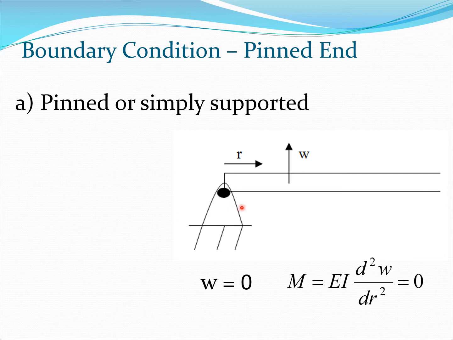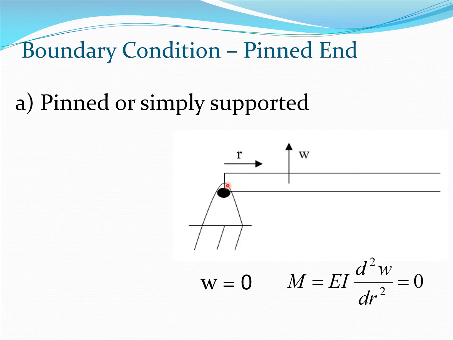So here I am looking at the pinned end. So essentially this end is pinned or simply supported. There is a pin here or a hinge. And this is known as a simply supported boundary condition or as a pinned boundary condition. Now straight away we can see from geometry that there is going to be no deflection at this point. So W is going to be 0 at this particular hinged boundary condition.